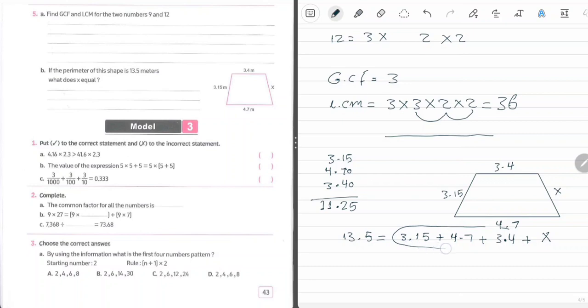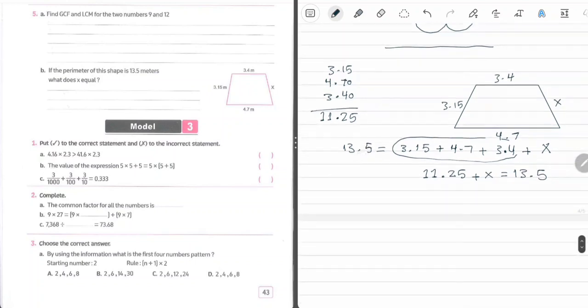So we will replace all of these numbers with 11.25 plus x equals 13.5. We want to find the value of x as I told you. It will be 13.5 minus 11.25. 0 minus 5, 5 will be decreased to be 4.